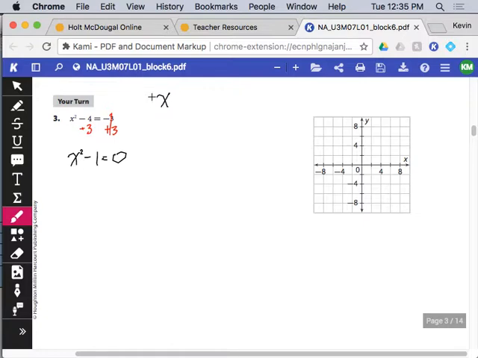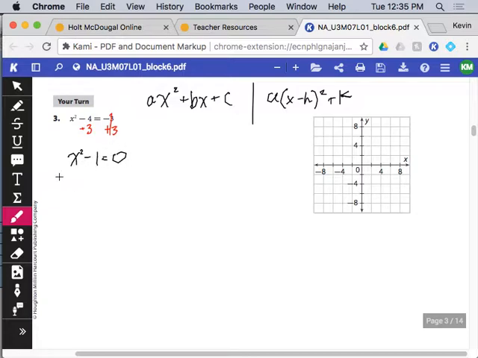Now remember, standard form is ax squared plus bx plus c. And vertex form is a times x minus h squared plus k. In this case, either one will work because I don't have an x term. So it's not clear which form this is.